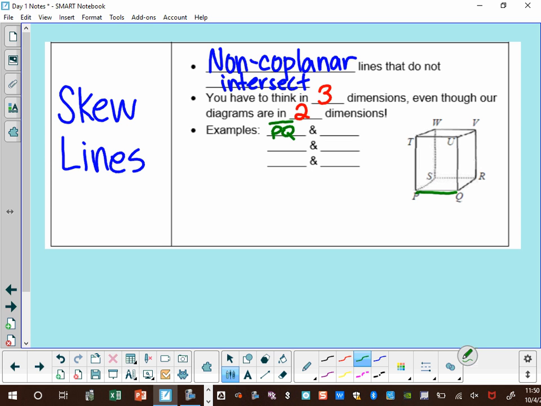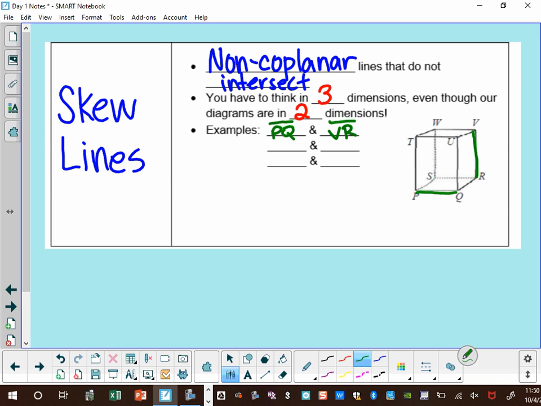So PQ would be skew to VR. Do you guys see how they're not in the same direction and they're also not touching? So they're not parallel, they're not intersecting, therefore they're skew. They kind of don't make sense, right? There's no relation.